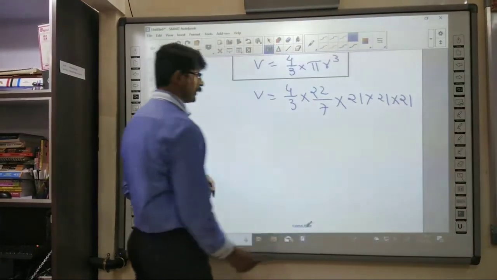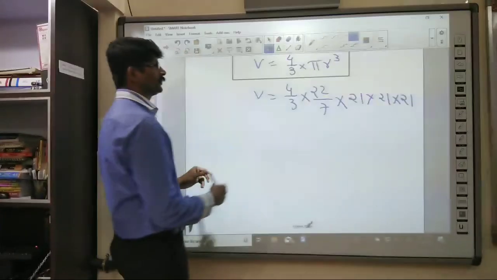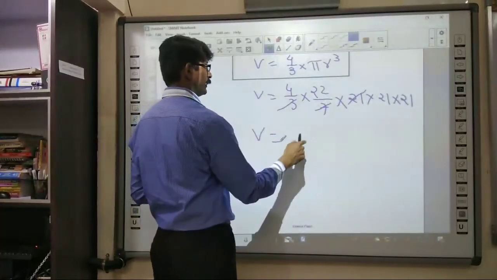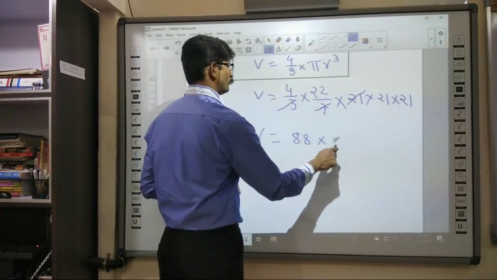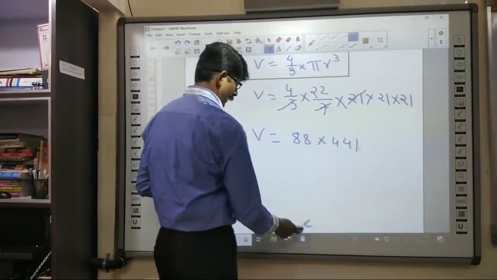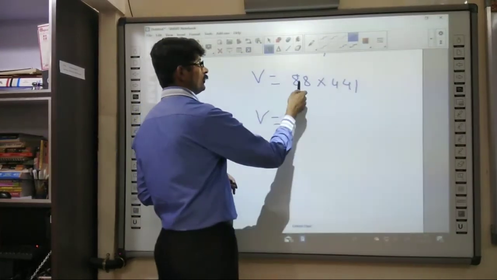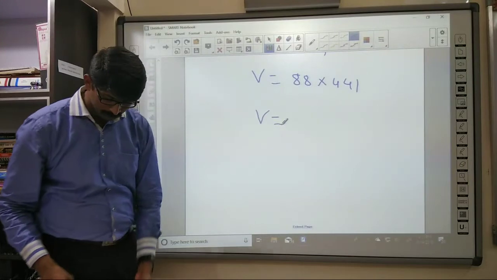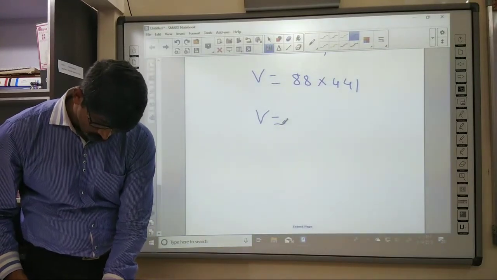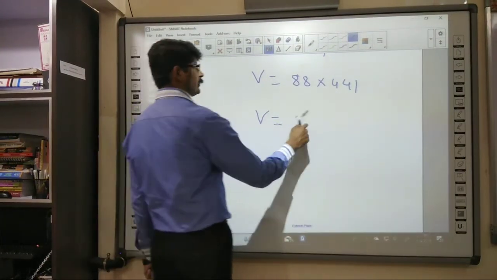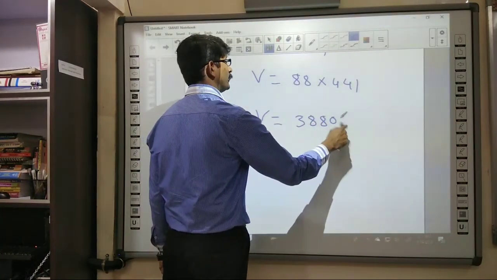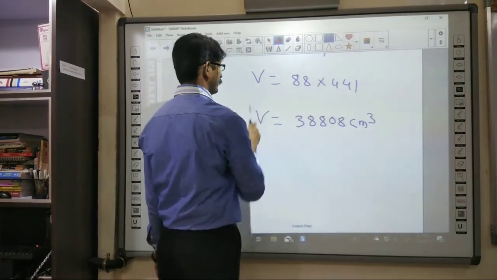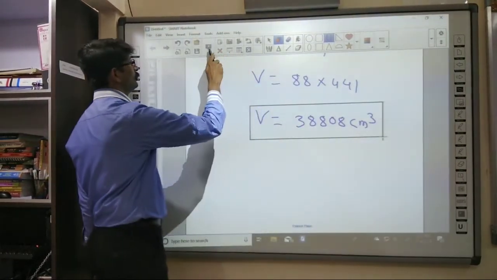The 7 and 3 will get cancelled with this 21. So volume is equal to 88 into 441. And the calculation you can do really simply: 441 into 88 is 38808 centimeter cube.